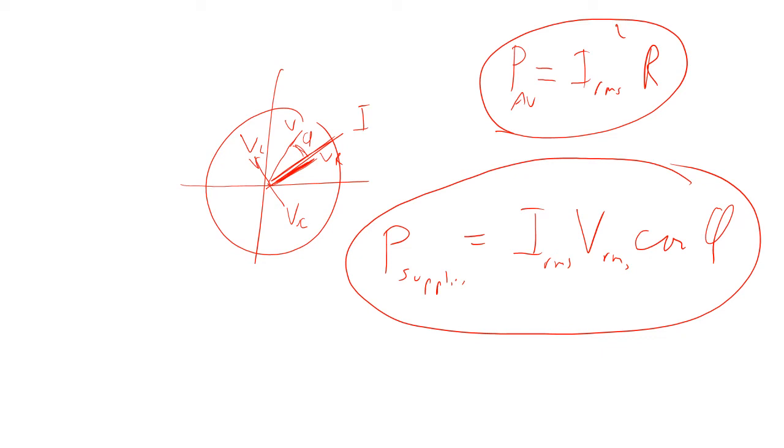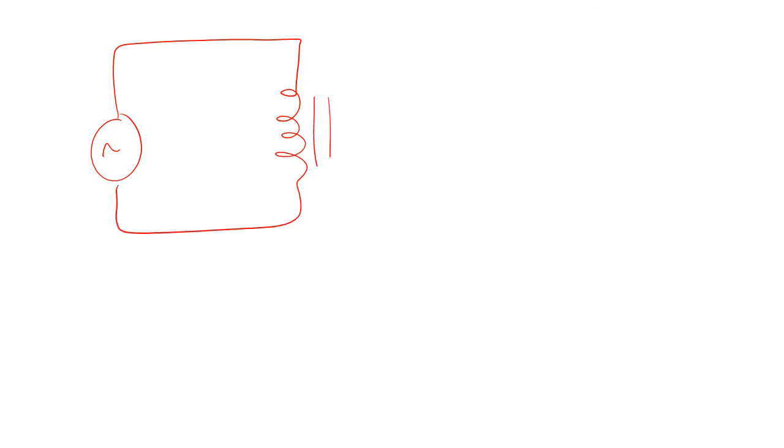Another example where power comes in is a transformer. So if we have a transformer, we have an AC signal right here. The symbol for a transformer is this, basically two coils. This is the primary coil, that's the secondary coil right here.